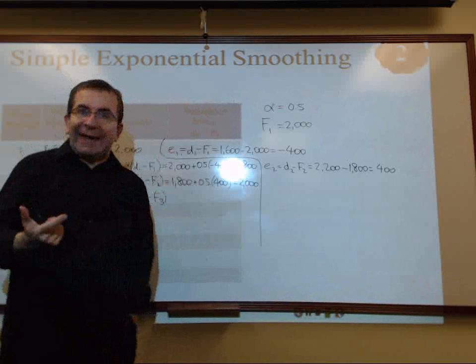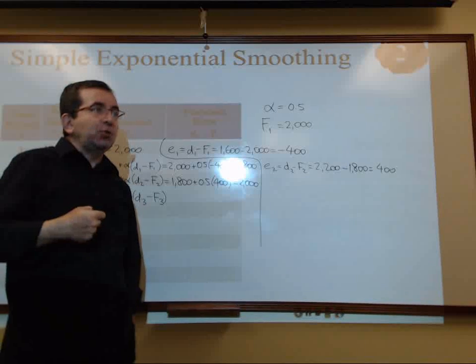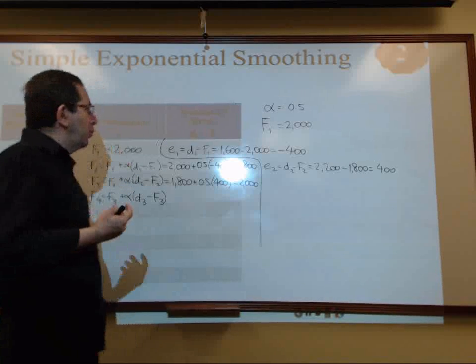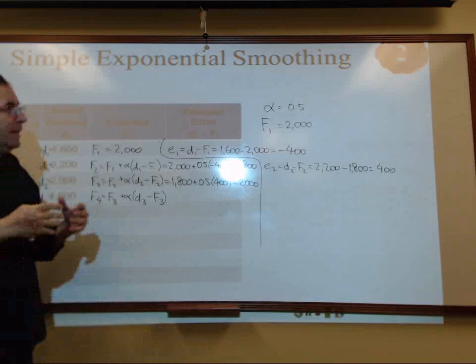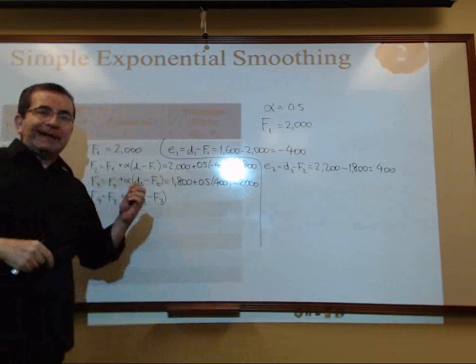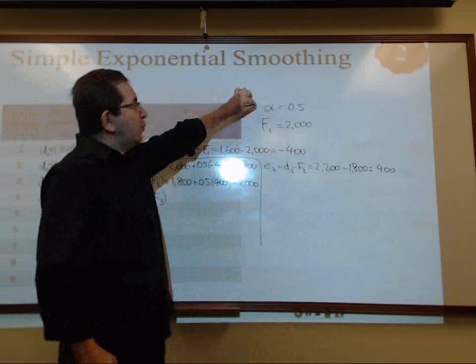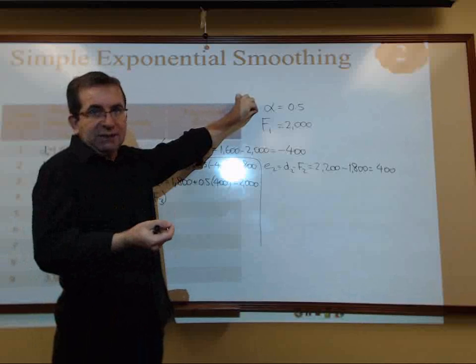They try different n's, and they pick the one that seems to work best. Okay, so how do I know which one works best? Well, we can measure forecast quality, and we can find which alpha gives us the best forecast quality.